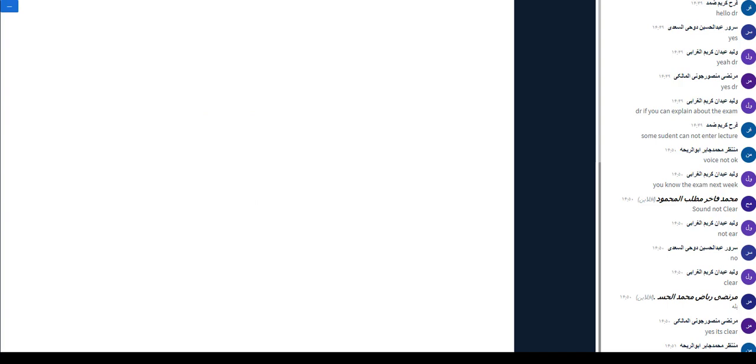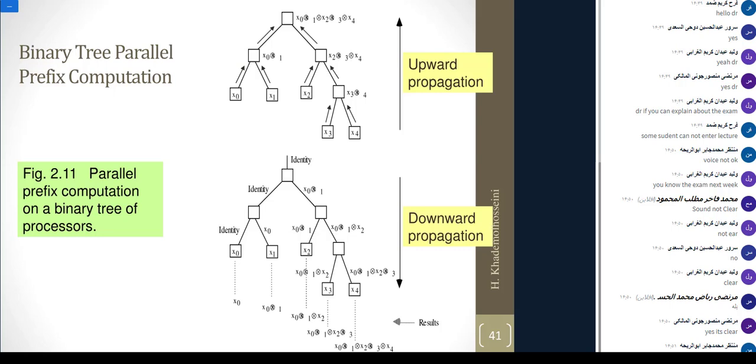So we have two phases, upward and then downward. As I said, the upward is like the upward phase in semigroup computation. As you know, each node has the initial value.